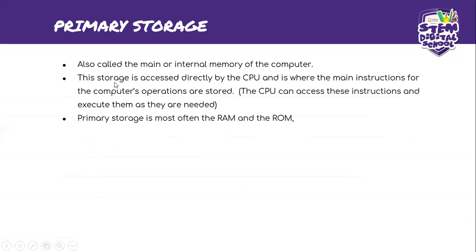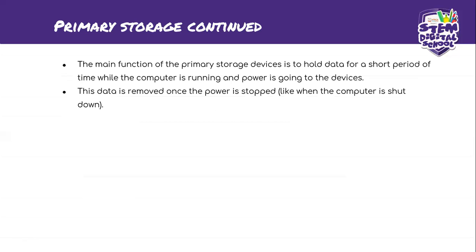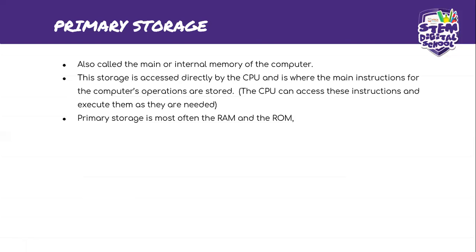Remember, I said the primary storage is accessed directly by the CPU and is where the main instructions for the computer's operations are stored. So that statement is false. The correct statement is that primary storage is accessed directly by the CPU and is where the main instructions for the computer's operations are stored.